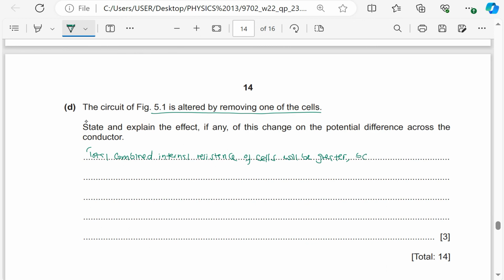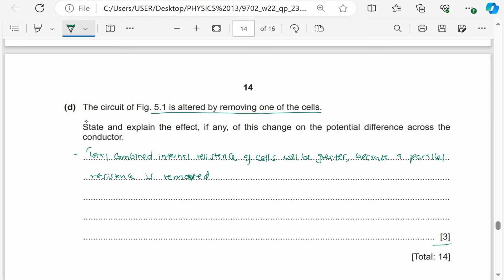That is because a parallel resistance has been removed. So when you remove a resistance in parallel, you increase total combined resistance. Okay, that's number one. These are 3 marks.